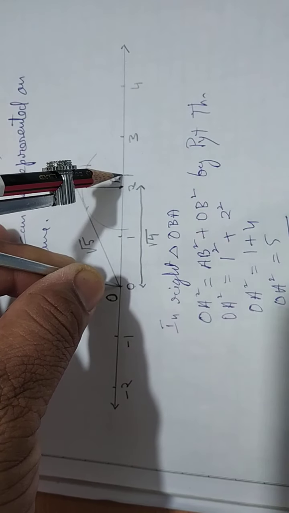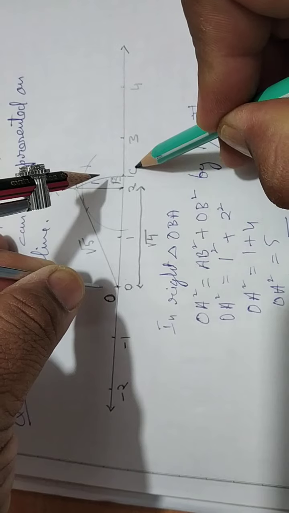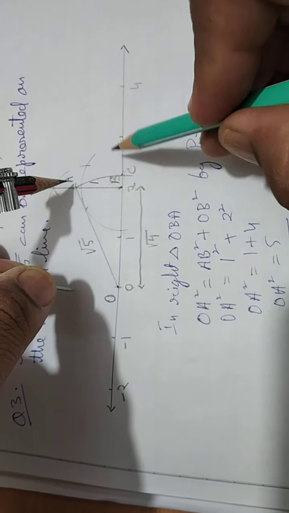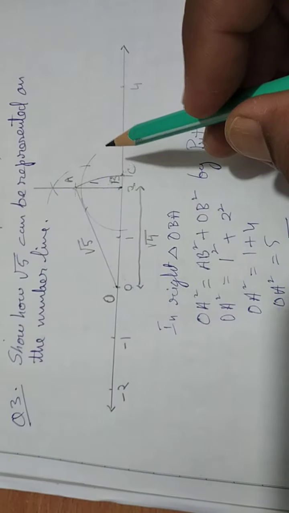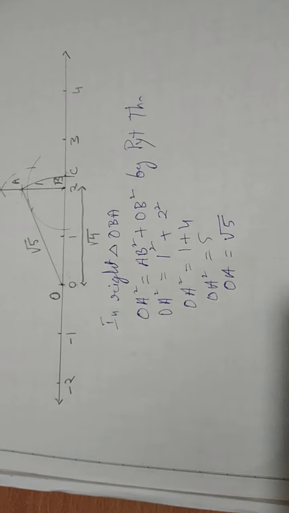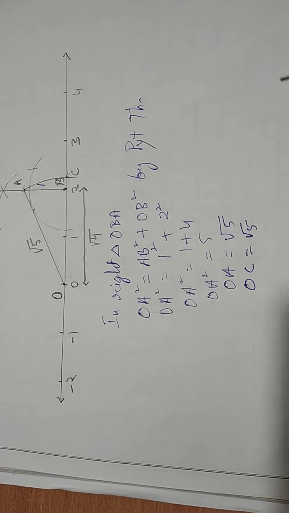This point, let it be C. So this length, whole length OC is root 5, and this point C represents root 5. So here we can write that OA on number line, this OC is root 5.